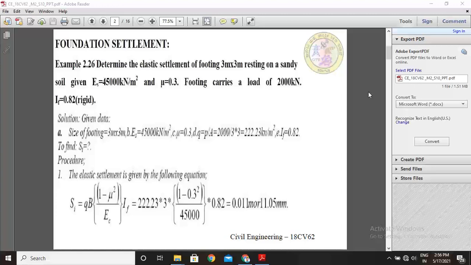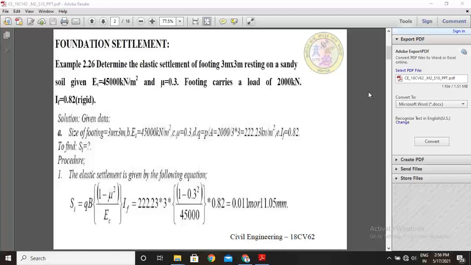Given data. Size of the footing, that is 3 meter into 3 meter. Young's modulus of soil ES is 45300 kilonewton per meter square. Poisson's ratio mu is 0.3.